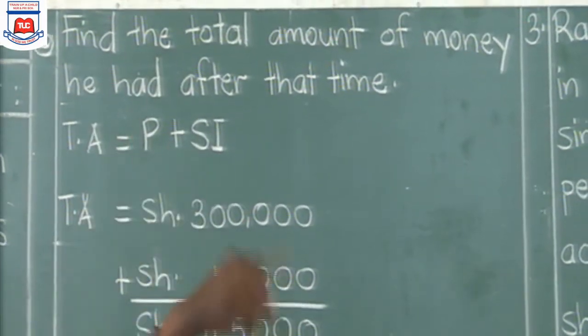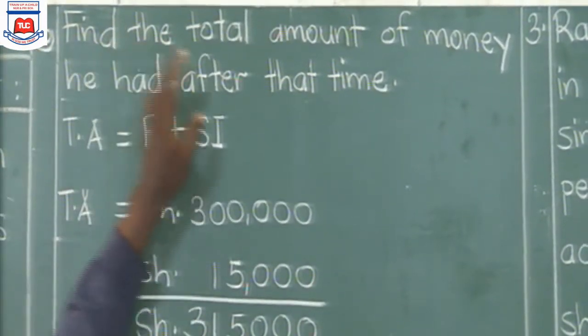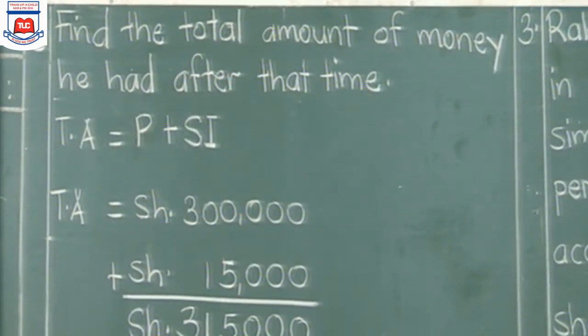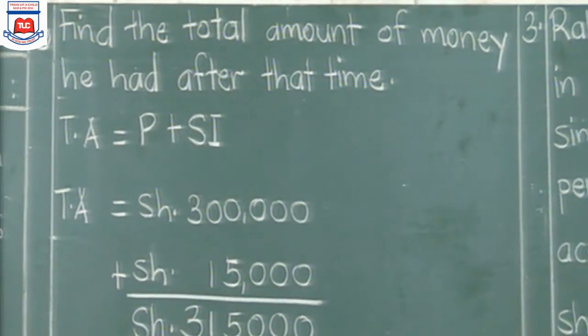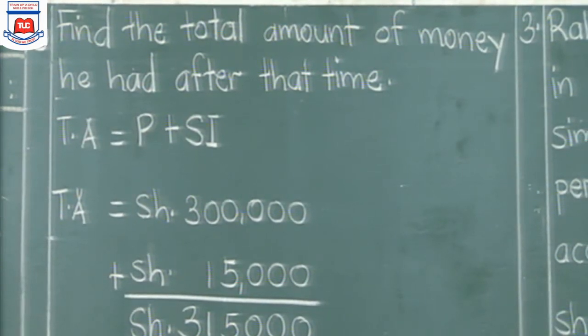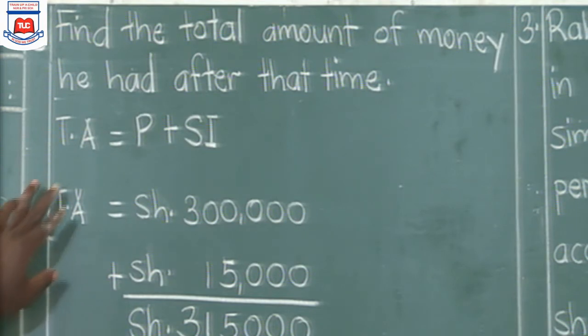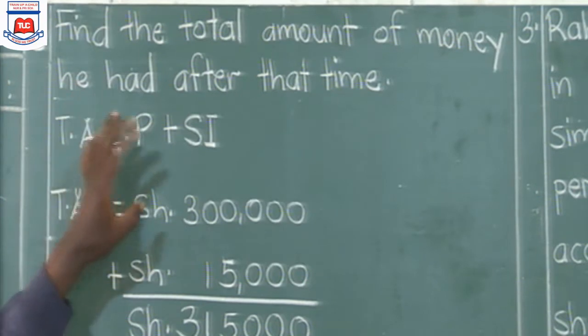Find the total amount of money this bank had after that time, the 6 months. In A, you must have accurately computed the simple interest to get what we are going to answer in B, which is called total amount.